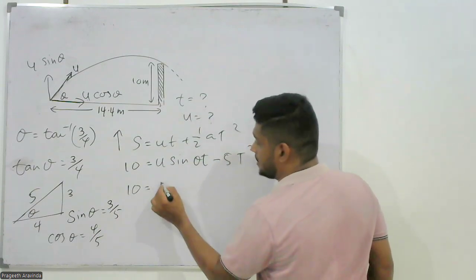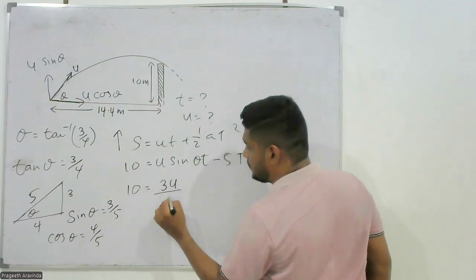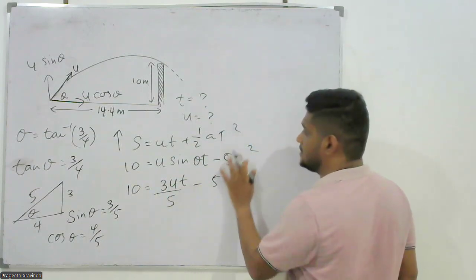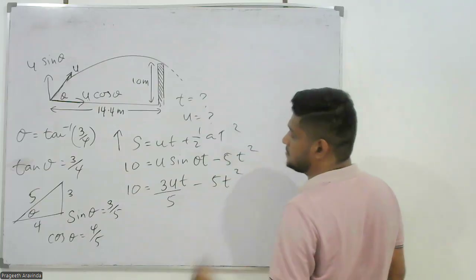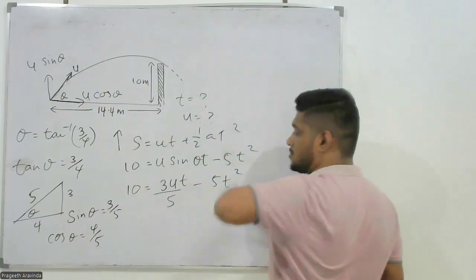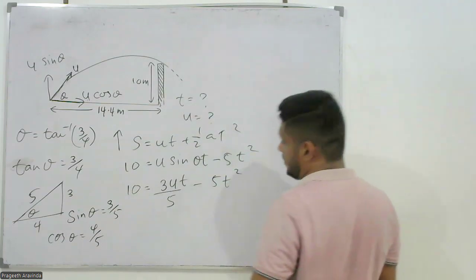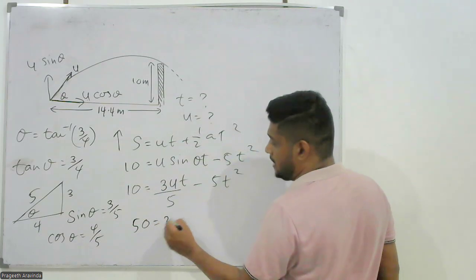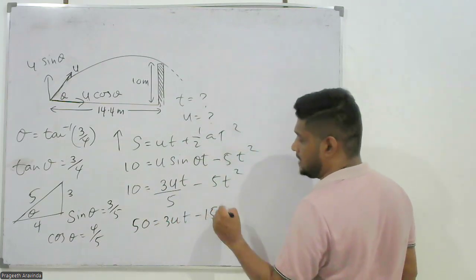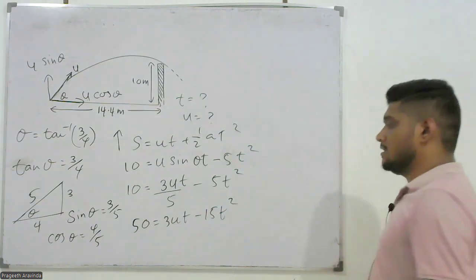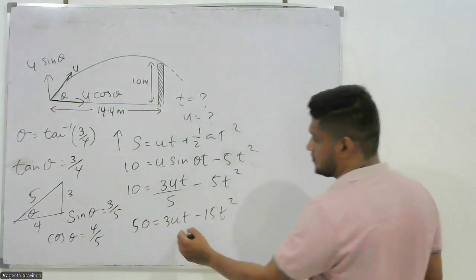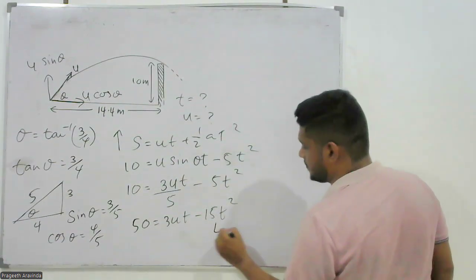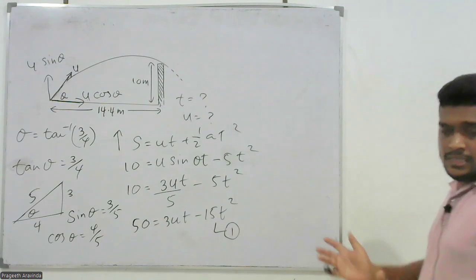So you can write 10 equals 3u divided by 5 times t minus 5t squared. Cross multiply the equation with 5: 50 equals 3ut minus 15t squared. So this is equation number 1.